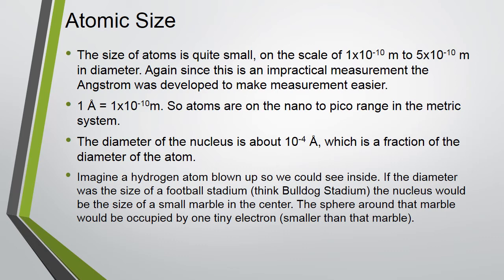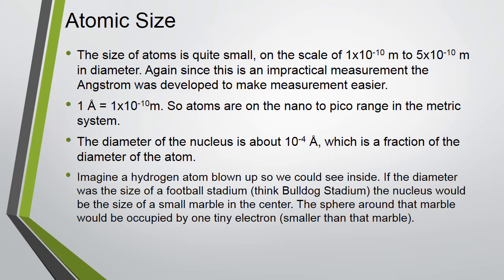So the angstrom was developed to make this measurement easier. So 1 angstrom, and remember this is measuring distance, is equal to 1 times 10 to the negative 10 meters. So atoms are in the nano or pico range in the metric system. That 10 to the negative 10 meters is in between nano and pico. So it's very, very small.